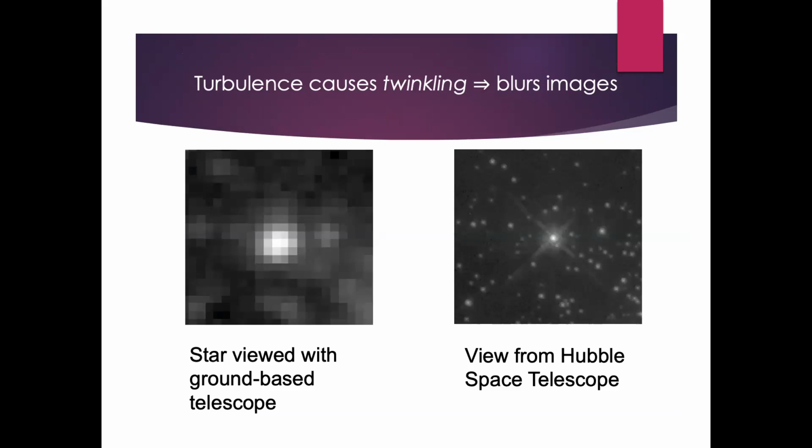Our atmosphere is made of parcels of air that rise and fall. They get hot and cold, expand and contract. And as light travels through those parcels of air on its way to the surface, that light bends. The path that the light takes slightly bends and jiggles. So, when you look up at the night sky, actually, let me start that question over.